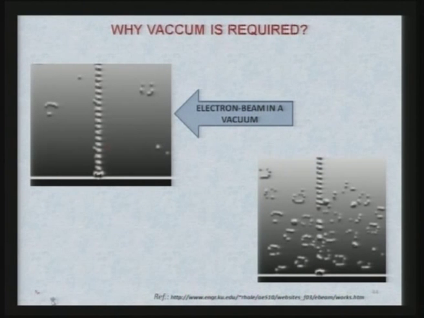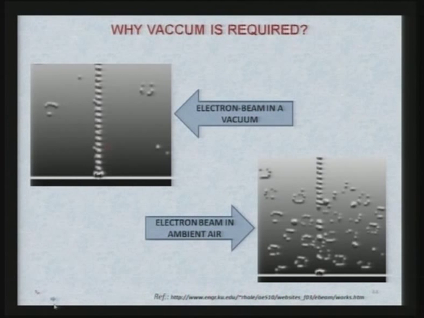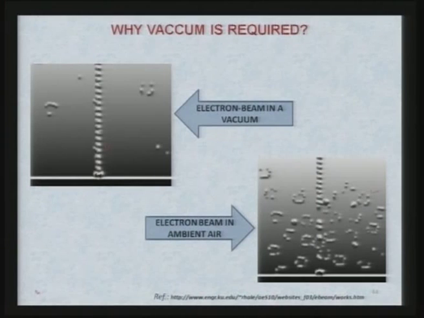Now, if you use atmospheric air in the machining zone, what will happen? Many of the electrons will strike the molecules of the air and get scattered, and you will not get a good cutting. As you can see over here, electrons are scattered all around, and you are not getting a straight beam, as they start hitting the molecules of the air, and you will not get as good a cut as on the left hand side, where vacuum is there in the machining chamber.